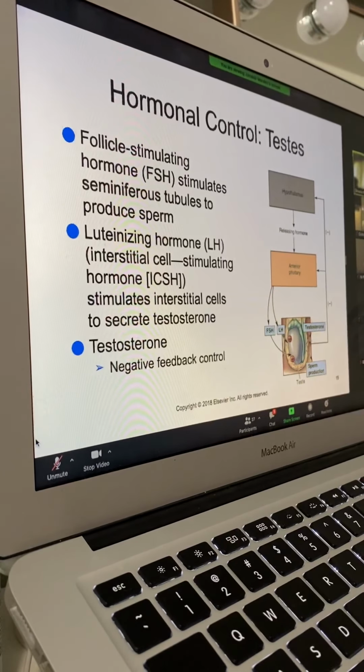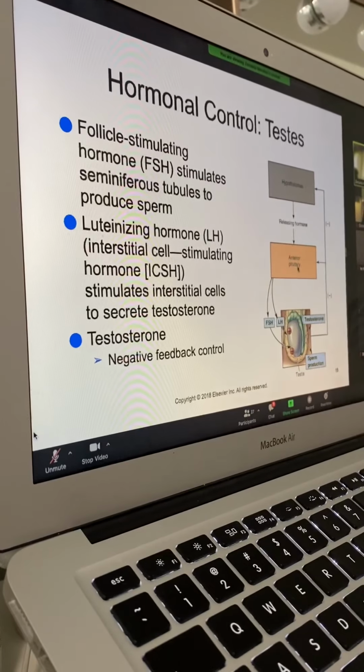In order for the sperm to survive, it needs testosterone. Once the level of testosterone in the blood is obtained already, the hypothalamus will stop the releasing hormone from stimulating the anterior pituitary.